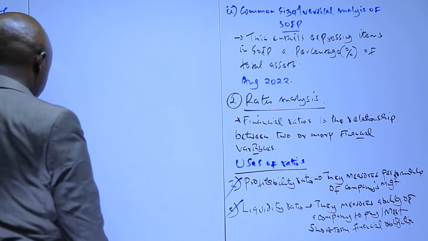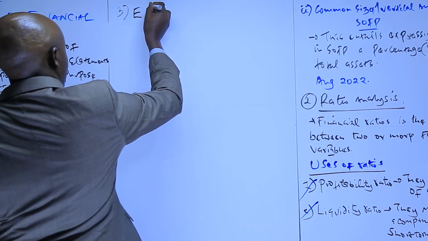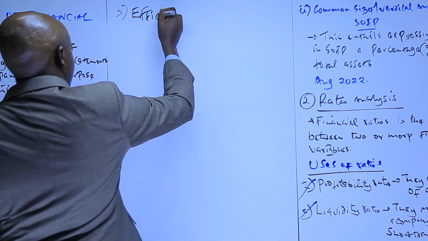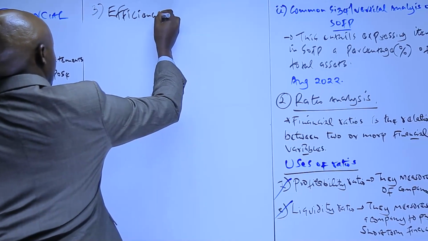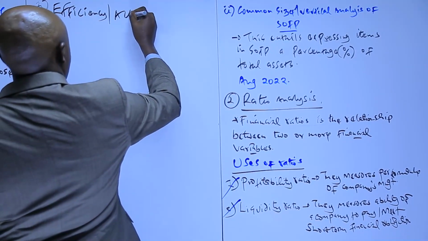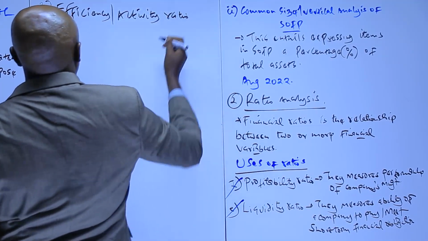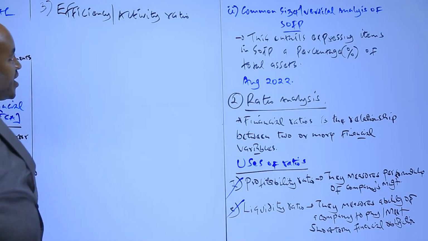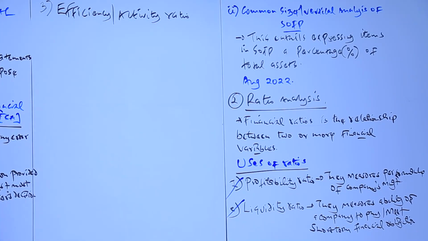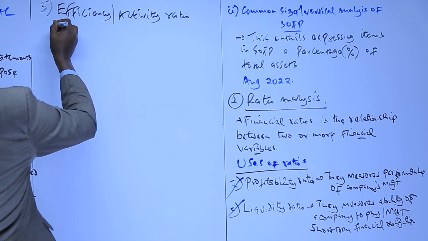So number 3, we have the efficiency or activity ratios. And these ratios, on the other hand, are computed to determine how well or how efficient the company is using its assets or its resources to generate revenue or basically to generate profit.